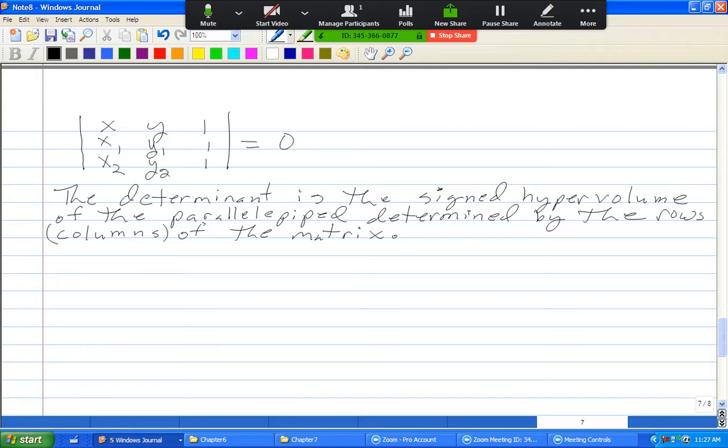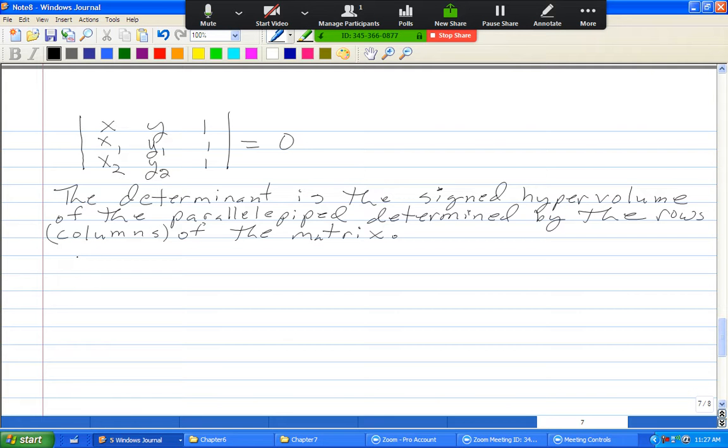So really, a determinant is just the volume up to sign of what's inside of your determinant, considering those as vectors.